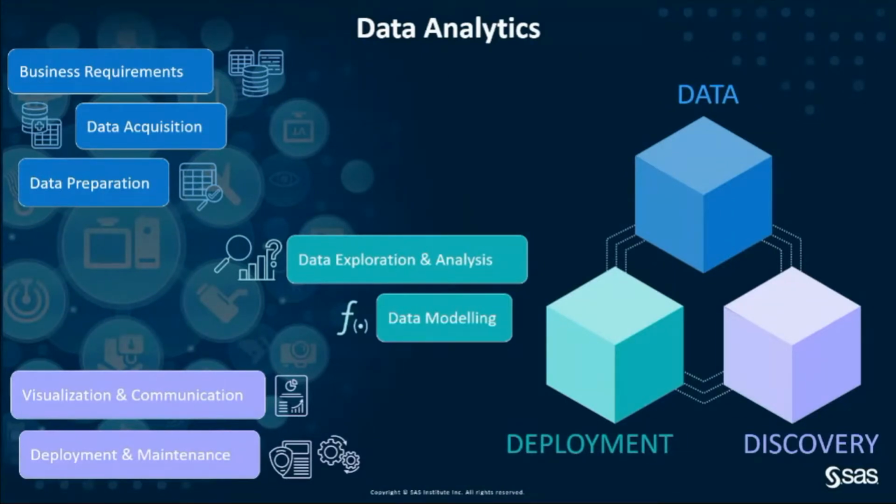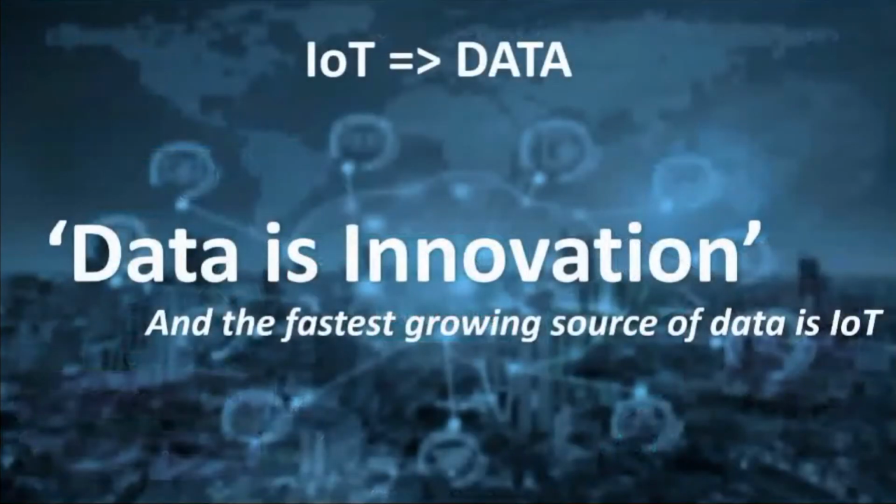We are talking so much about data, and in today's world the maximum amount of data that we are getting is coming from IoT. Data is bringing the innovation, and IoT is the first source that is producing so much of the data that we are working on these days.